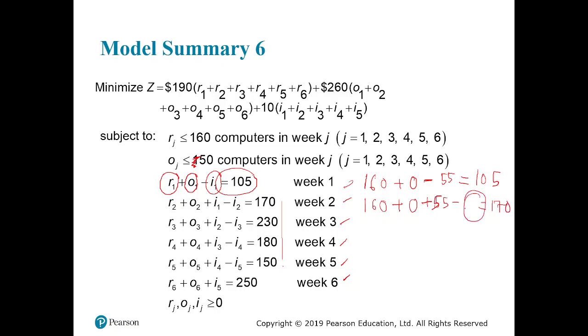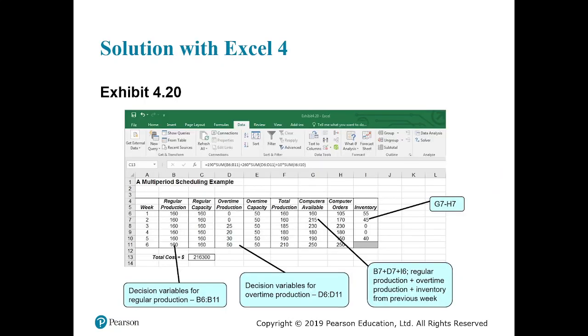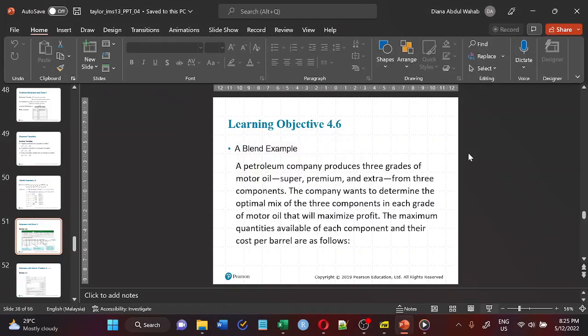This is the amount that you need. So 160 plus 55 is 215, and 215 minus 170, if I'm not mistaken, is 45. So this 45 you carry forward. I really hope you understand this. Let me re-explain this using Microsoft Excel.